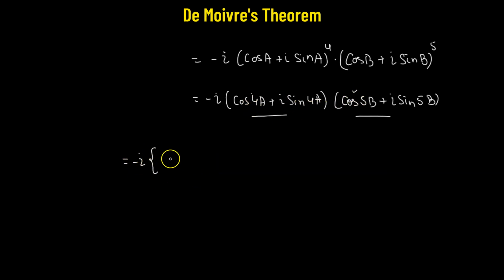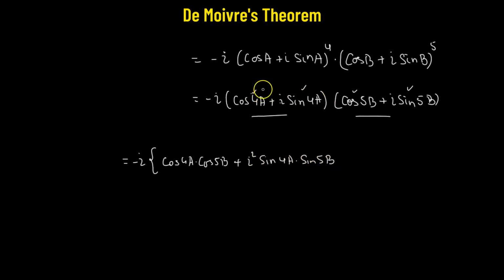So we will have negative iota multiplied to, so cosine of 4a will get multiplied to cosine of 5b. This will give us cosine of 4a times cosine of 5b. Then we have iota sine 4a. This will get multiplied to iota sine 5b, which is going to give us iota squared times sine 4a times sine 5b. Fine.